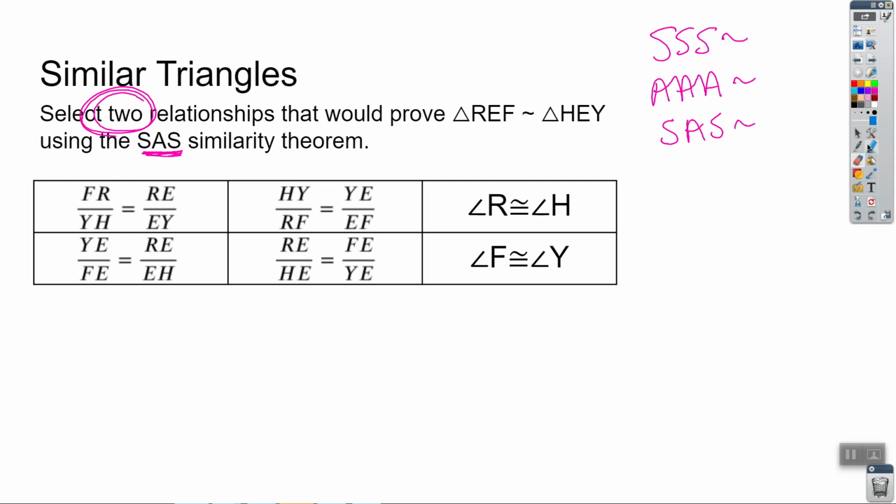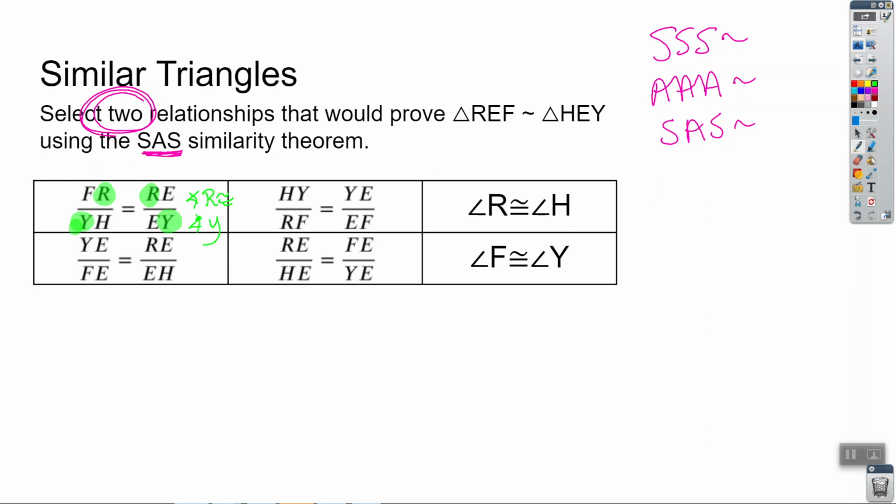Now, what I notice is the first one. I'm going to look in the very first box. On the numerator, notice how I have an R and a Y. So what that is telling me is I'm really looking for angle R congruent to angle Y. It's a big matching game.